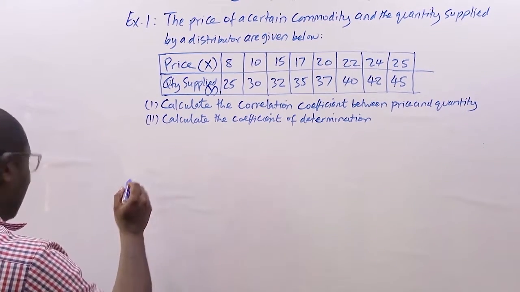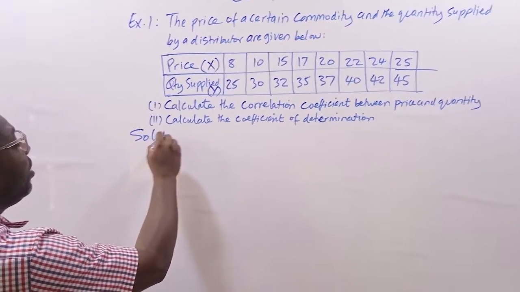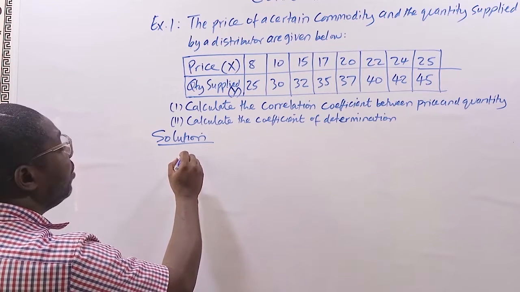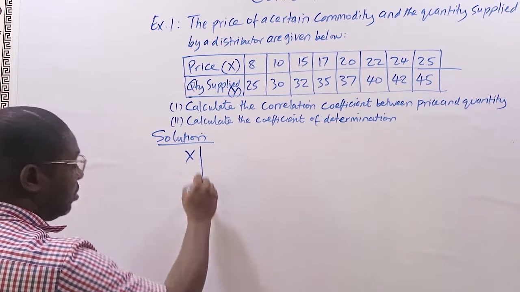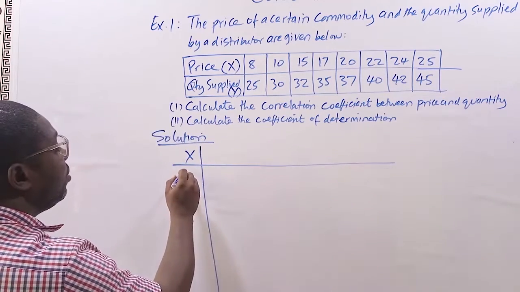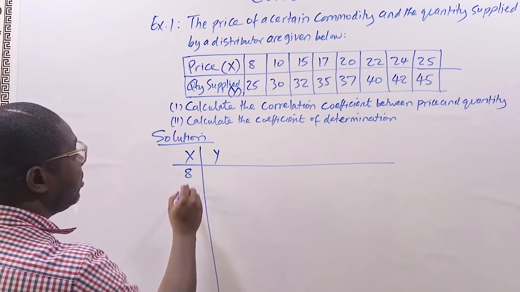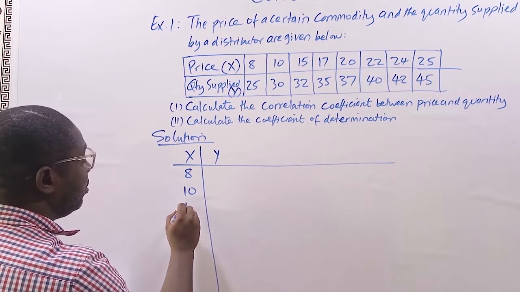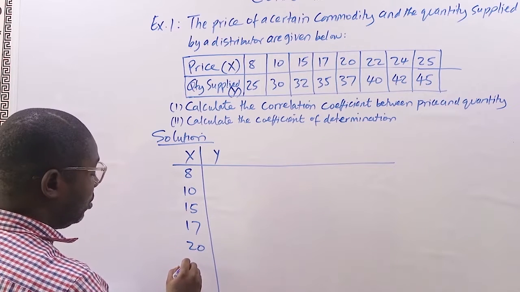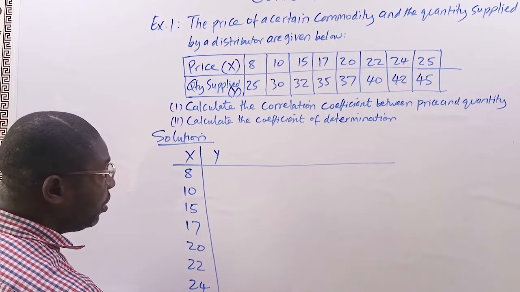First of all, we start with representing X. Solution here, and then we have the X values, and then we draw this, and then we have the values of Y. For X we have 8, 10, 15, 17, 20, 22, 24, and then 25.